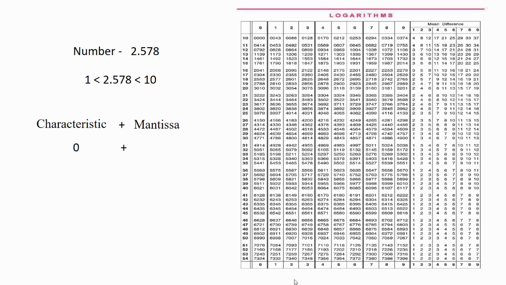For the mantissa value, observe there is no 2.5 directly, so we take 25. Observe 25 under the seventh column and add the mean difference of 8. When you add this up, it comes out to be 0.4113.